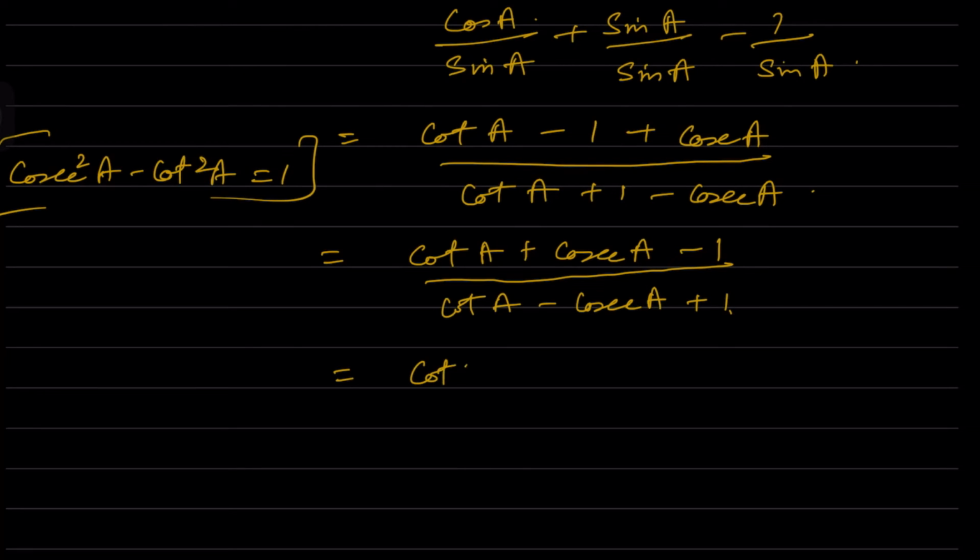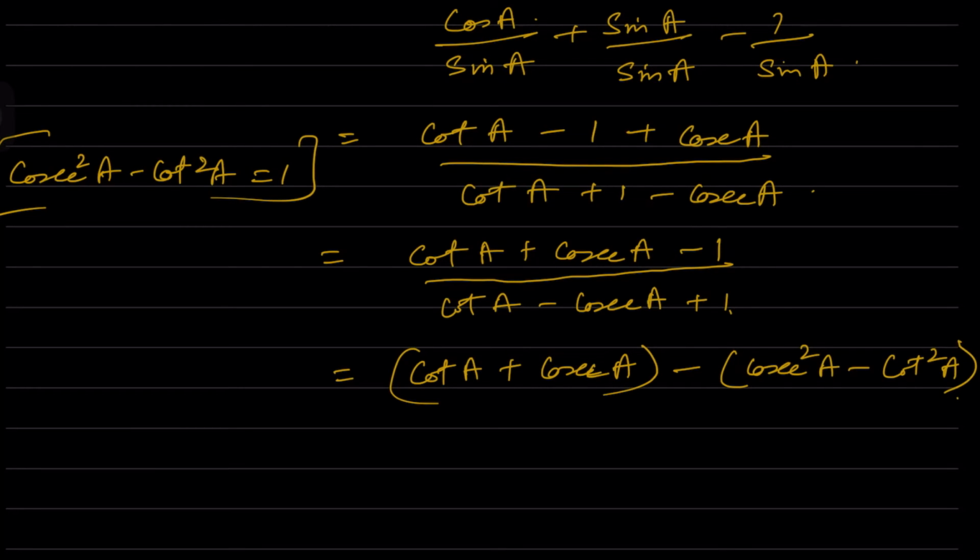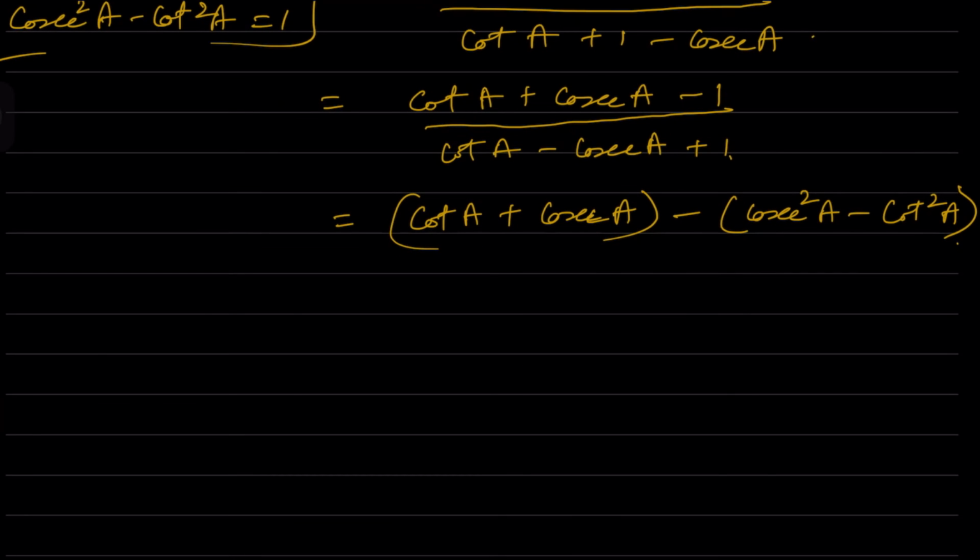So here you are getting cot A plus cosecant A minus of (cosecant square A minus cot square A), divided by, you are having this in the denominator, cot A minus cosecant A plus 1.